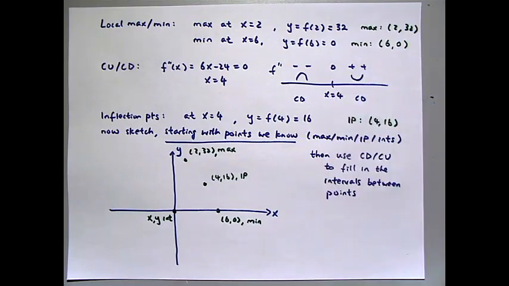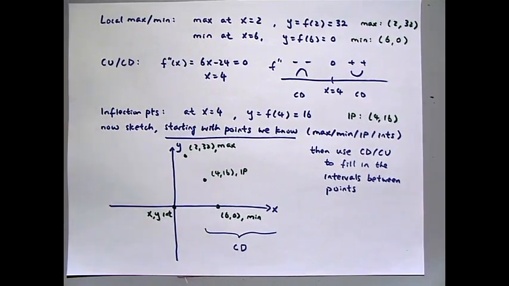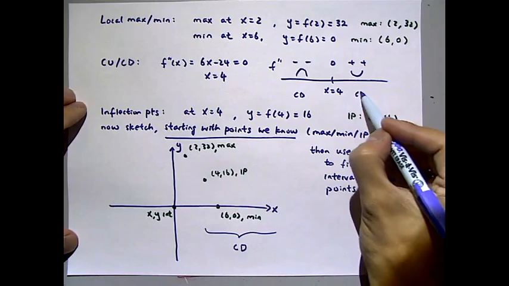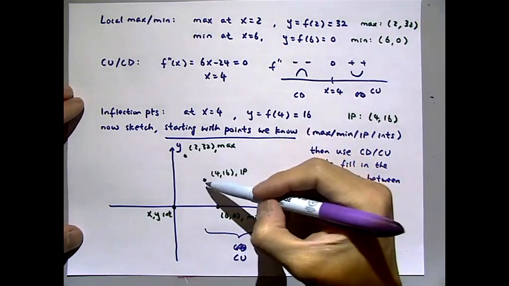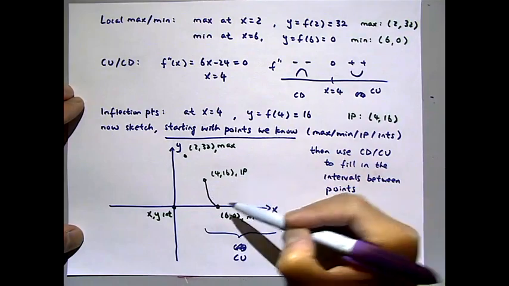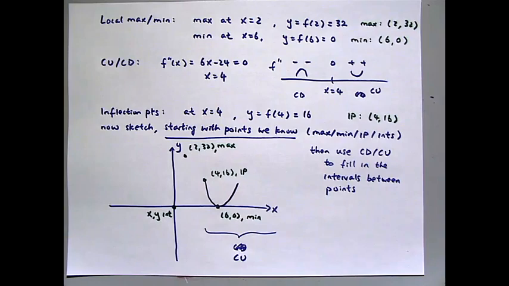Anything to the right of 4, all the regions beyond here, this is going to be concave downward. I'm sorry, I got this backwards, didn't I? Concave upward, sorry. Second derivative is positive, so concave upward. Concave upward looks like a parabola opening up with the lowest point right here, so it doesn't take a whole lot of effort to realize we must have something that looks like that. Right? Concave up, local minimum.